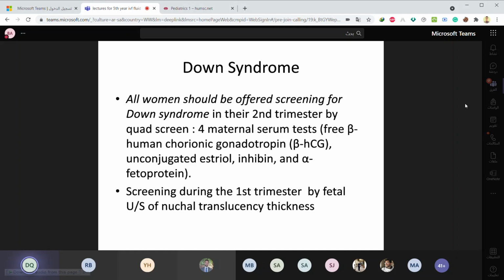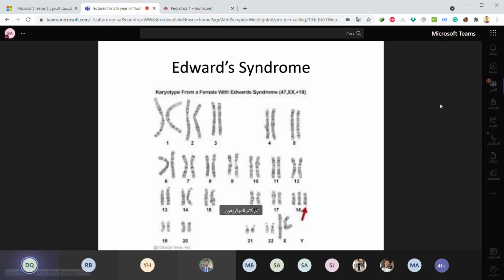All women should be offered screening for Down syndrome in their second trimester by quad screen, a maternal serum test: free beta human chorionic gonadotropin, unconjugated estriol, inhibin, and alpha fetoprotein. Screening during the first trimester is by fetal ultrasound for nuchal translucency thickness. There will be questions on this.